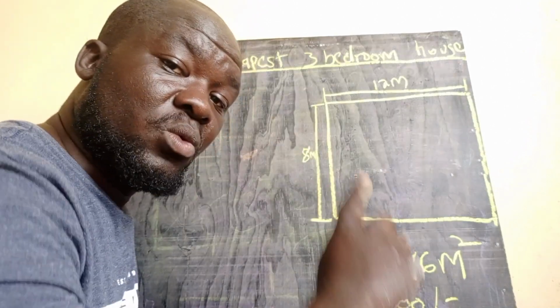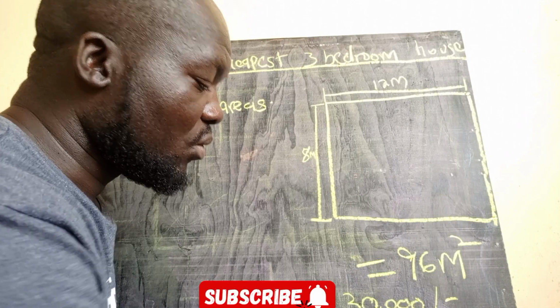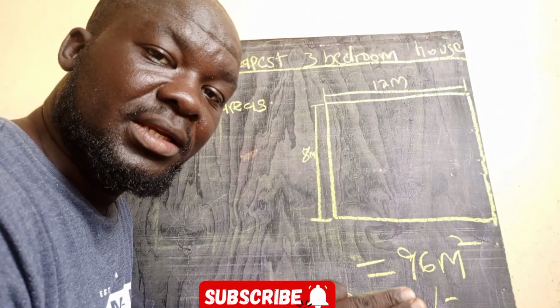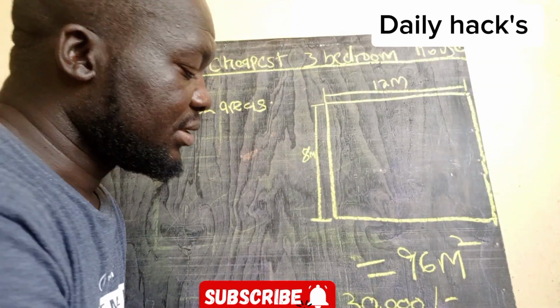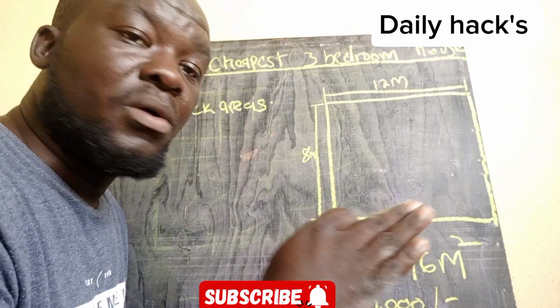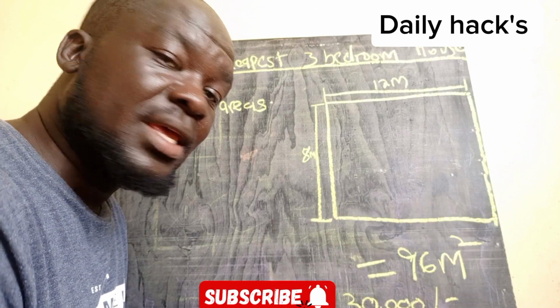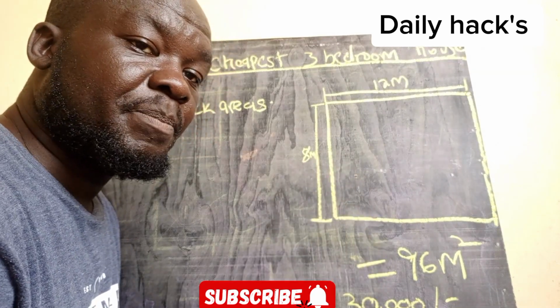But it depends wherever you are. So this 30,000, it's where there is average soil, red soil, rocky soil. Then the materials are always available. You don't fetch the materials from far away. So you will use 30,000 per meter square.